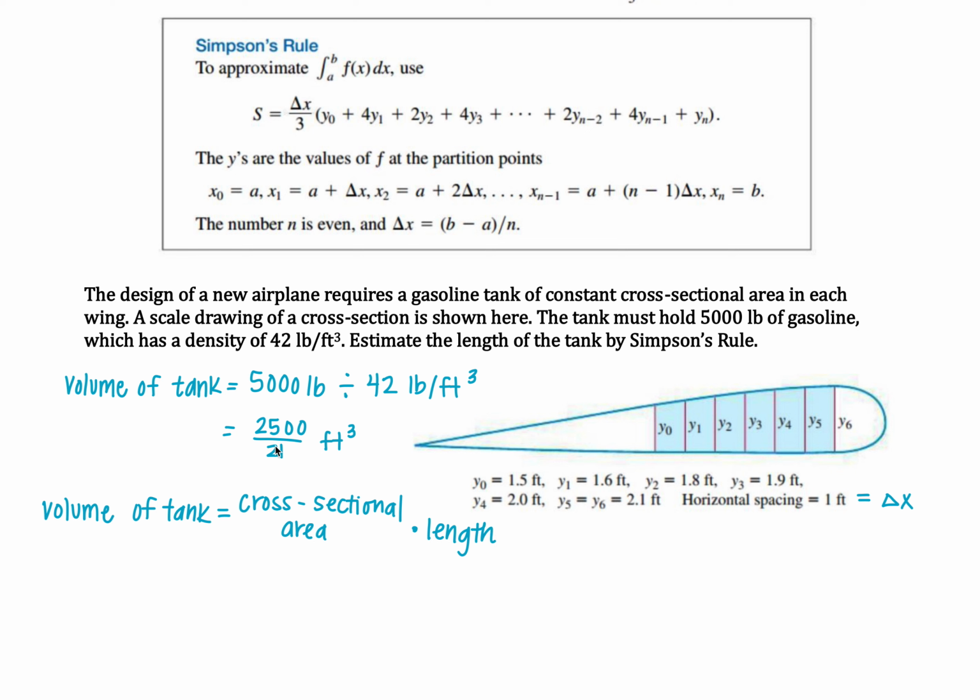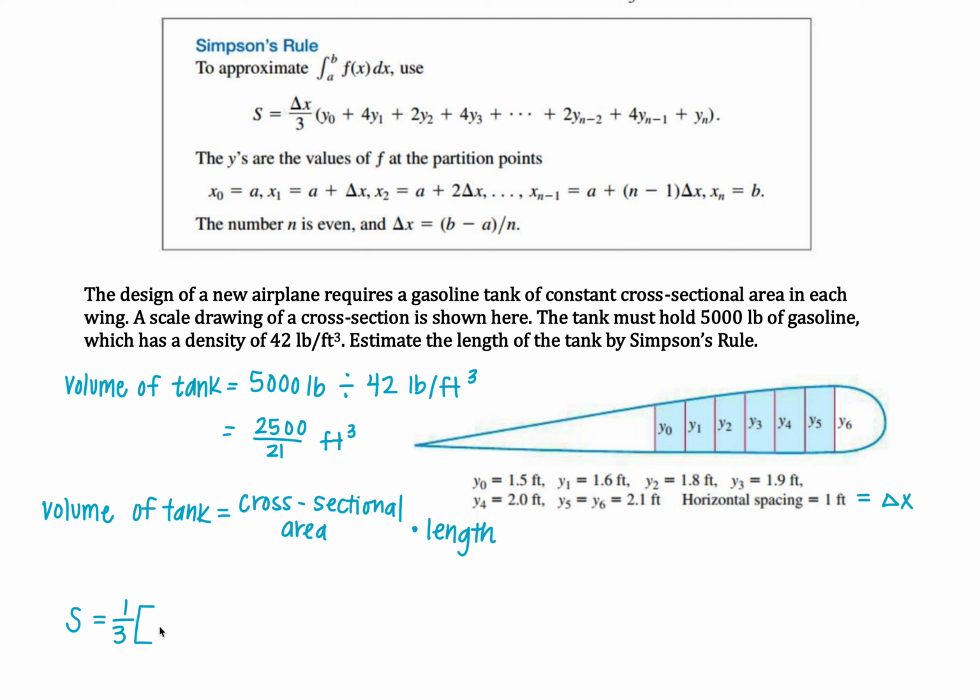So we know the volume of the tank is 2,500 over 21 cubic feet. We're going to use Simpson's rule to find the cross-sectional area, and then we'll be able to divide those to find the length. So finding that cross-sectional area, again, we're going to use Simpson's rule. Our delta x is 1, so we have 1 over 3.